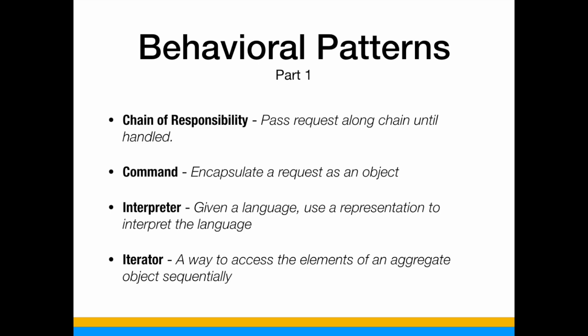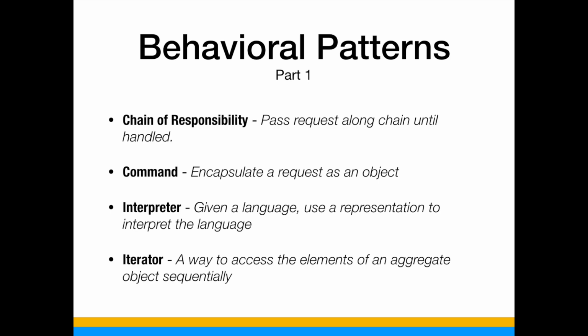Command, as I was saying, you can encapsulate a request to an object. So, for example, in a restaurant ordering system, the command is essentially the order of what you need to build. And in some cases, the command might be interpreted as just pull it from the fridge and heat it up, or cook it from scratch.